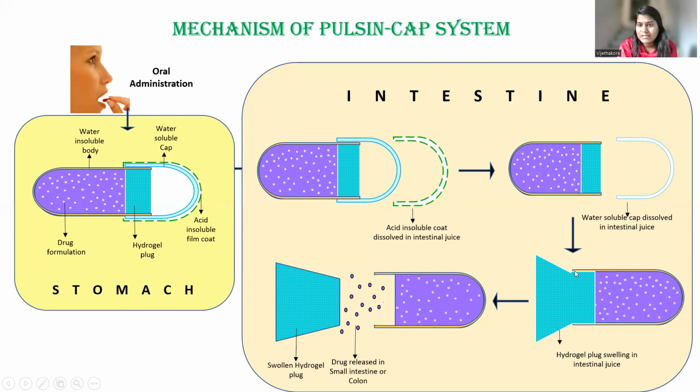Next, the hydrogel plug starts swelling in the intestinal juice. After swelling to a particular extent, the swollen plug is flushed out. Then the drug is released into the small intestine or the colon, depending on the lag time maintained. This is the mechanism of the Pulsincap system.